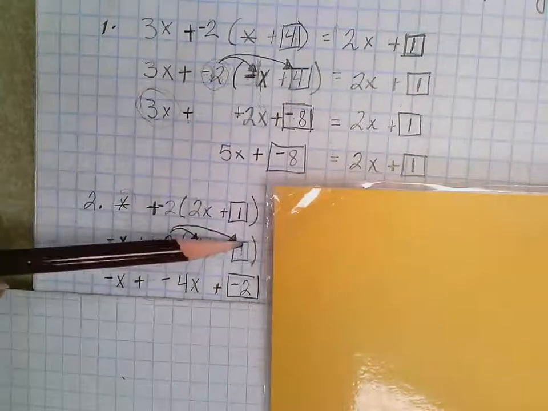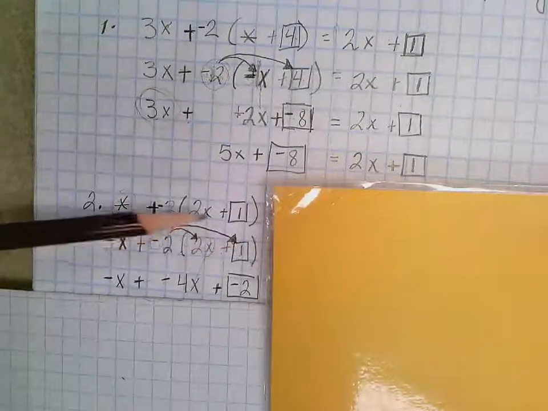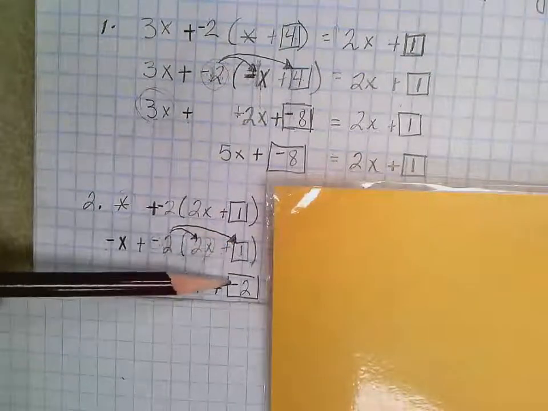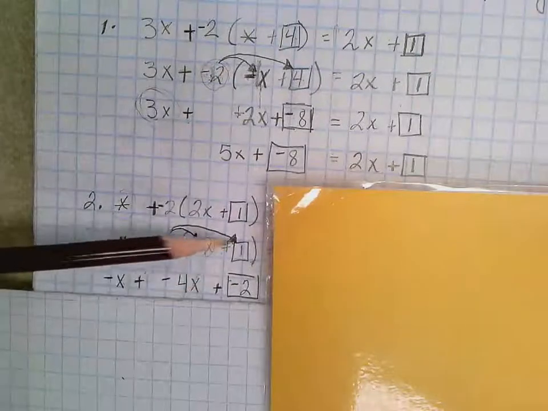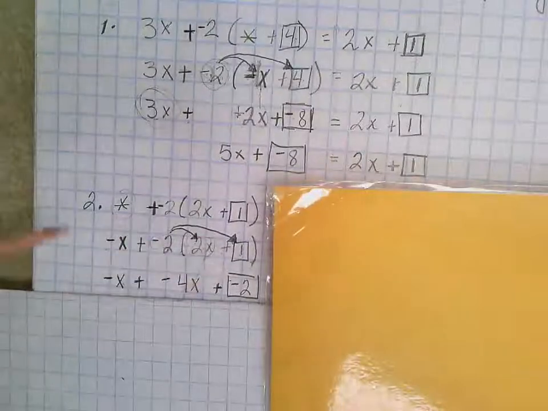Negative 2 times positive 1, negative times positive is negative, and 2 times 1 is 2.